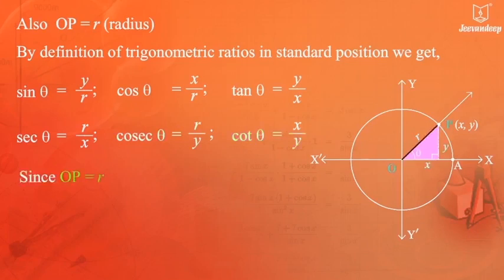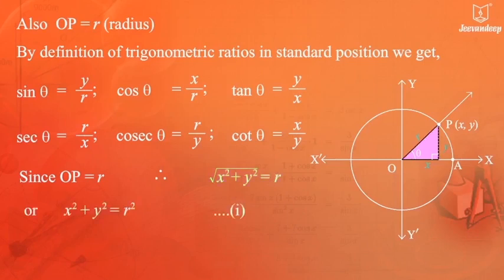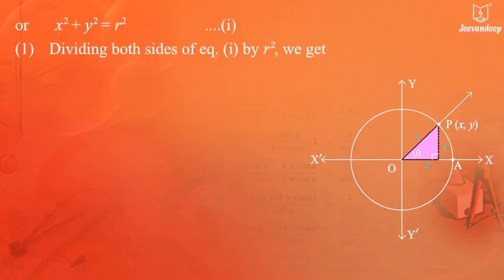Since OP equals r, then for the given right-angled triangle, root of x square plus y square equals r, or x square plus y square equals r square. Equation 1. First proof.